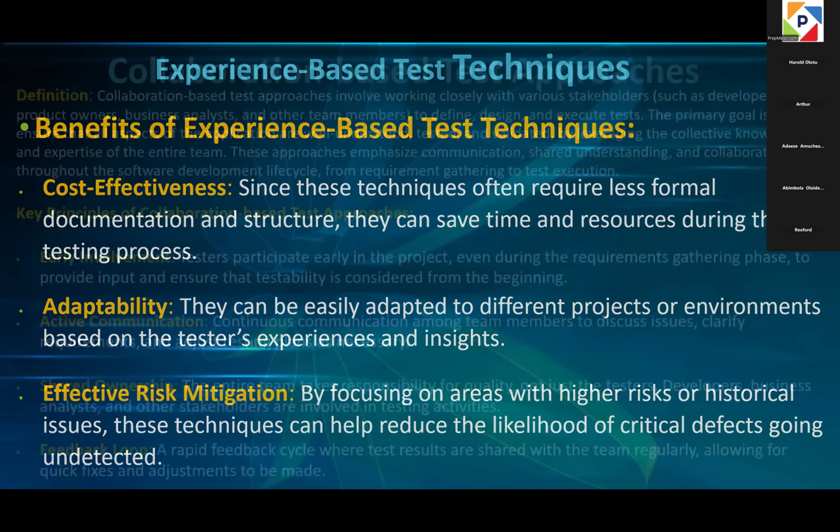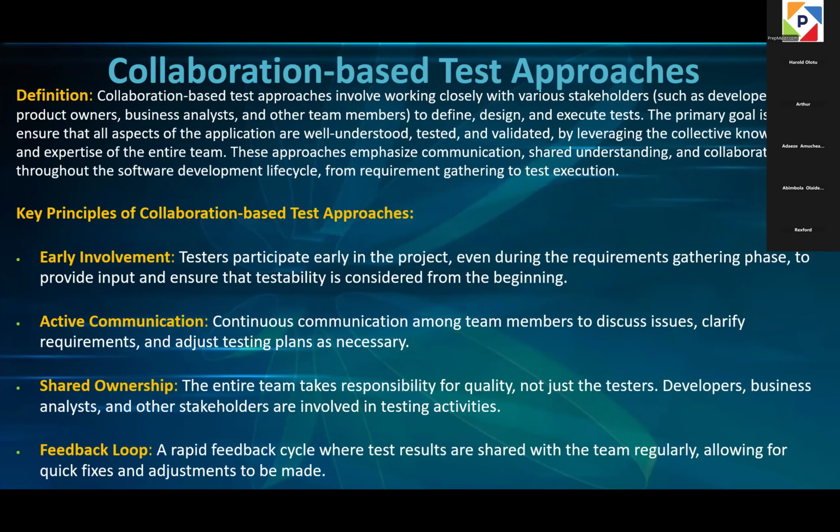So we have the fourth, which is the last one, which is the collaboration-based test approaches. This came into the picture recently. For those of you that want to do the certification, well, I did mine like 10 years ago. I saw that there are so many changes, but when you do your ISTQB, it's for life.